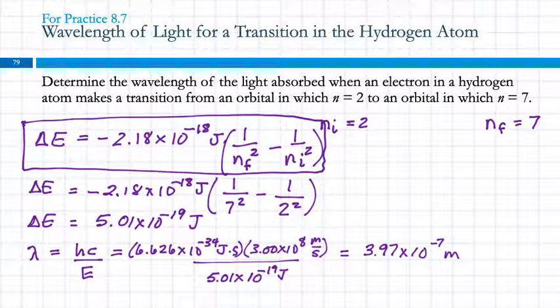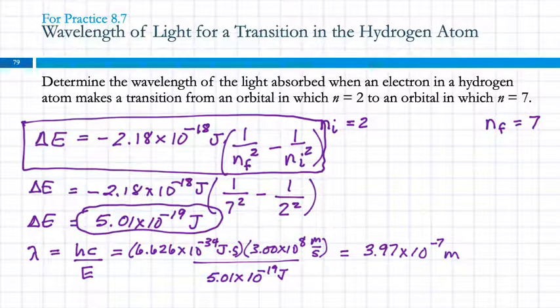I solved that and got this result, and that's the energy of the photon. And then I want the wavelength. So I have to use this equation to find the wavelength for that energy.